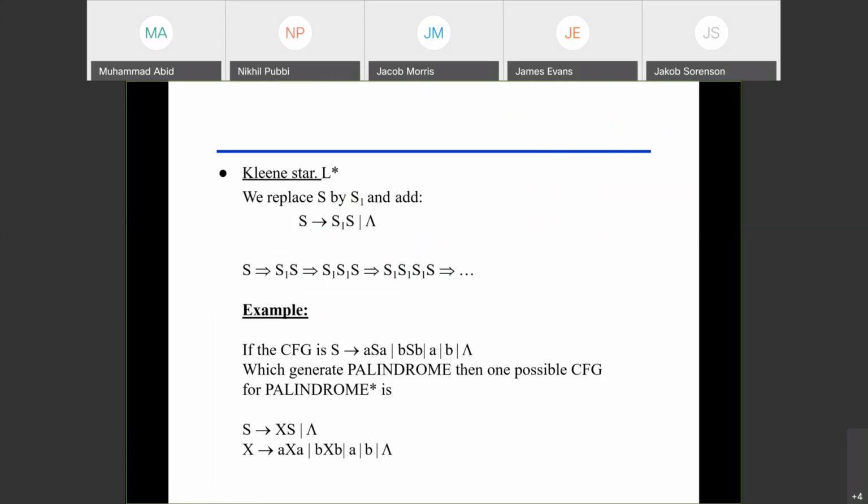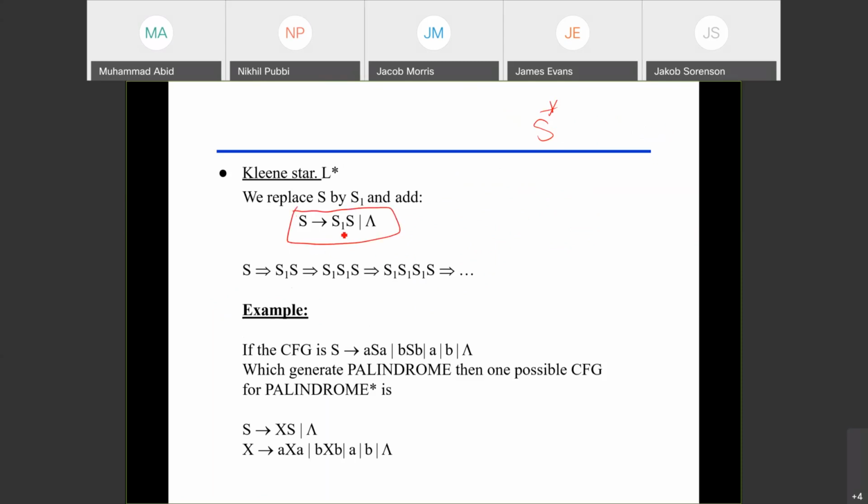If we talk about the Kleene star, it means we have a grammar and we want to find the closure property of that grammar. How do we do that? Again, you need to add a new production rule.